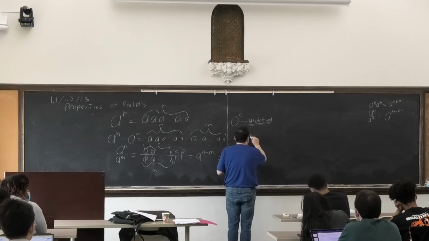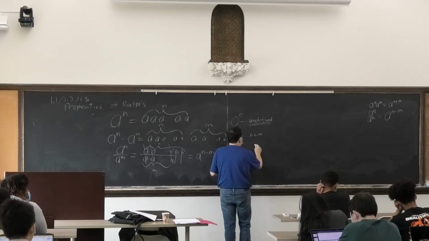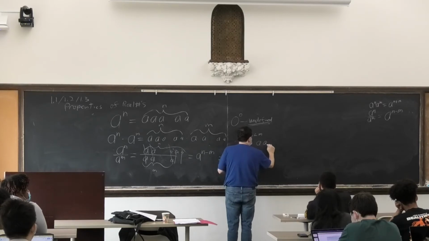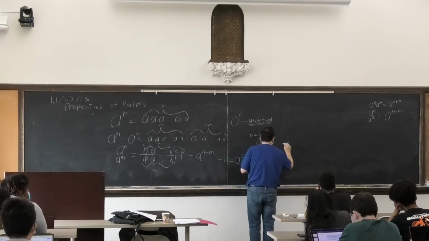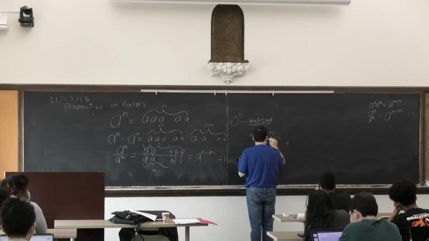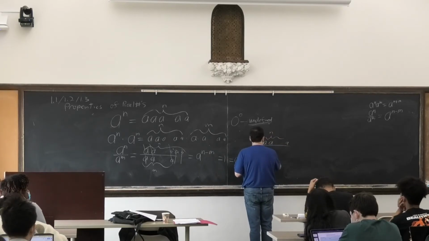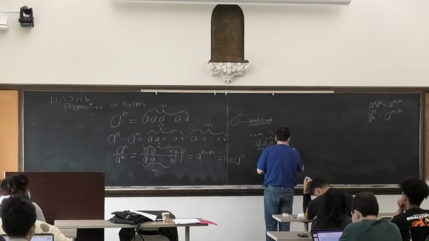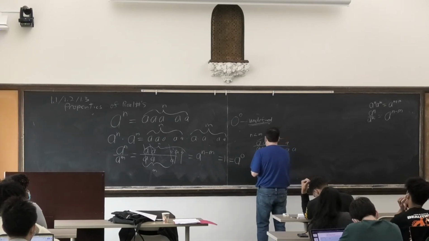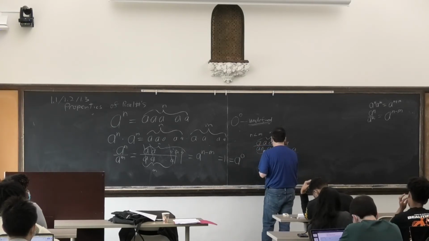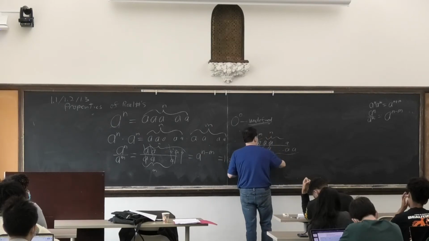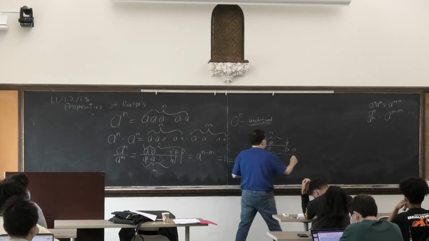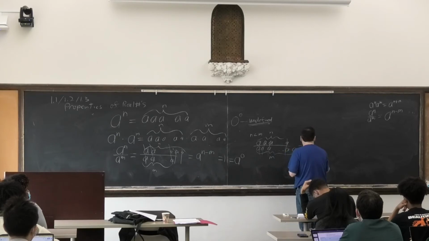Okay. What happens if n is less than m? Well, so you've got n on top, m on the bottom. You end up removing these all, you're going to get 1 over a to the m minus n.